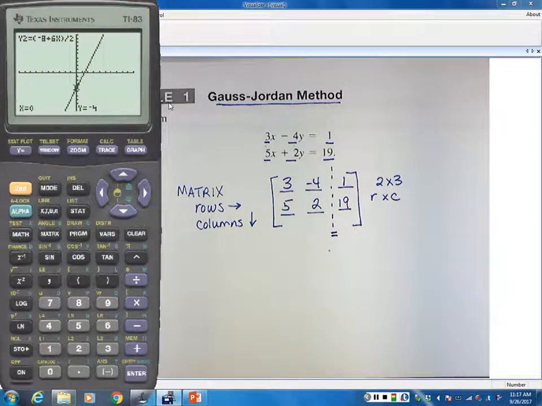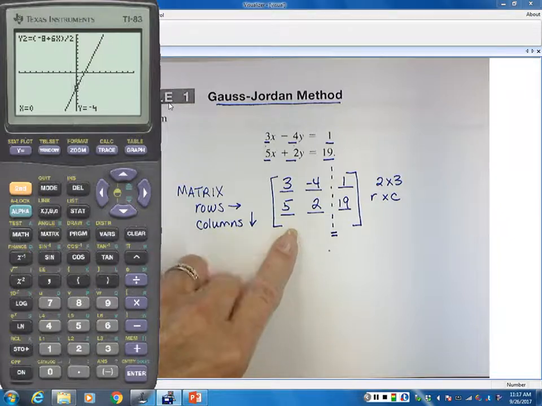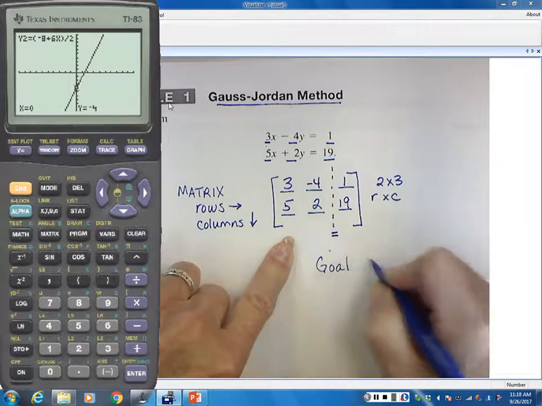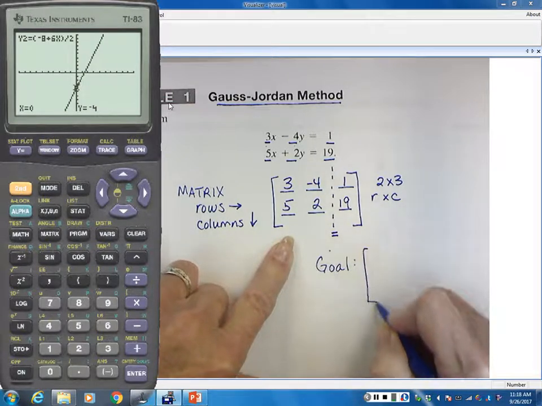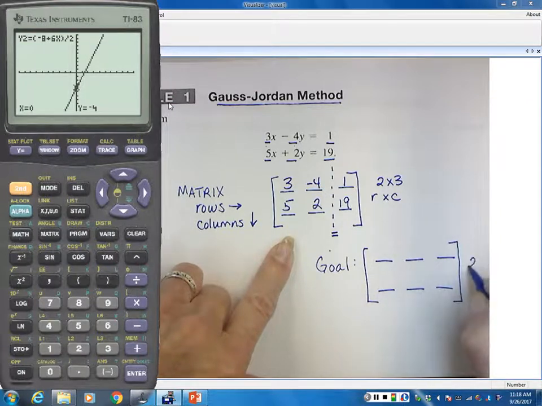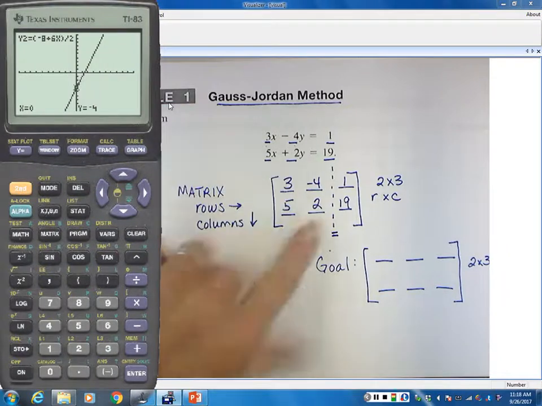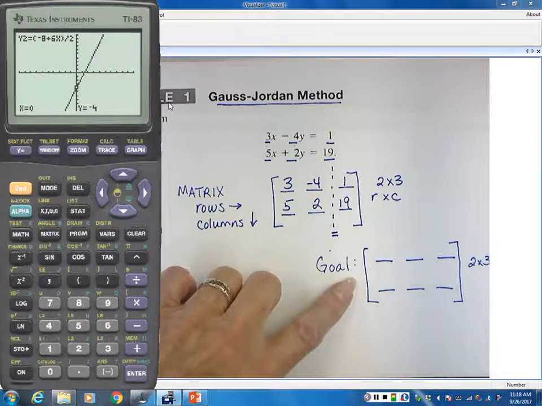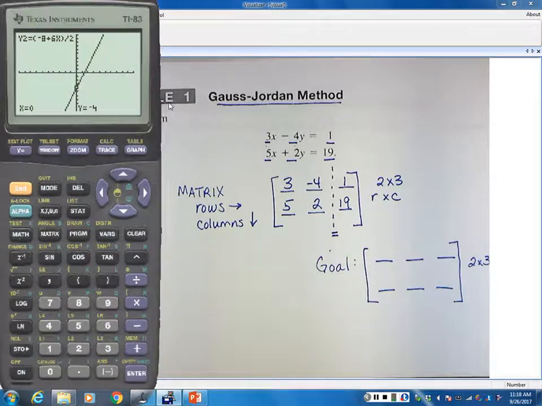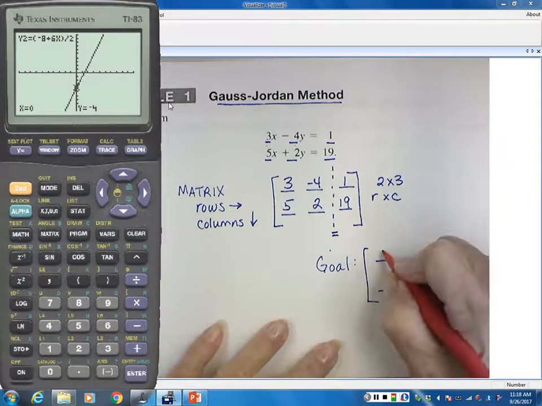Now let me tell you what the goal is. The goal is to use those row operations to come up with a matrix that looks like this. It's still 2 by 3 because I'm just transforming those same equations or same sets of numbers. Only what I want to happen is I want my matrix to look like this.